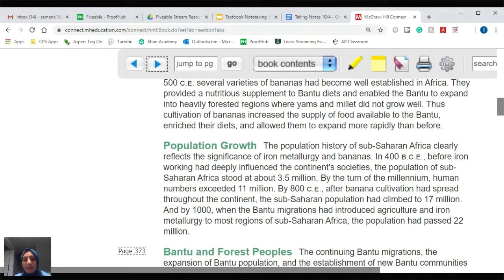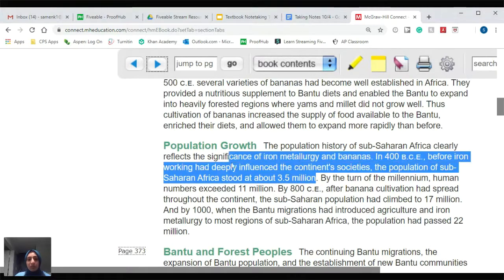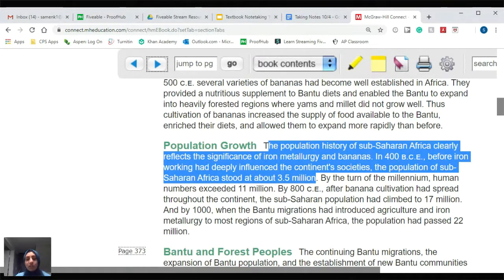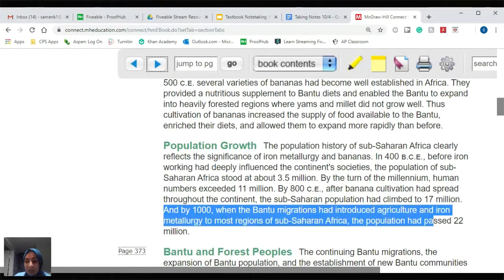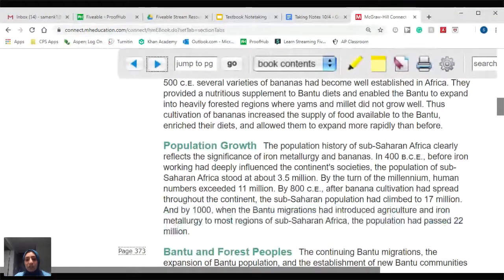But then iron metallurgy and bananas and agriculture eventually led to the population rising to 22 million by 1000. I think it's most important to know what the population was before we had all the introductions to agriculture and the iron. And then it's important to know that when we had this agriculture and this metallurgy, it passed 22 million. So it shows how that's clearly affecting the population in a positive way as it's growing.